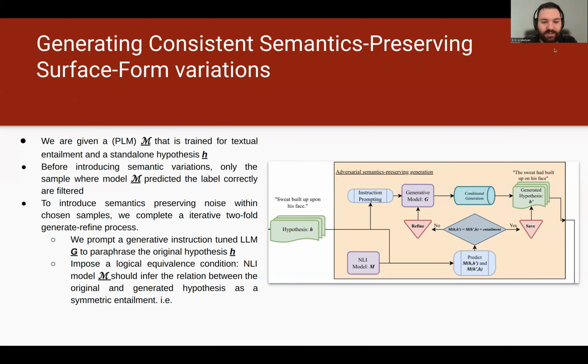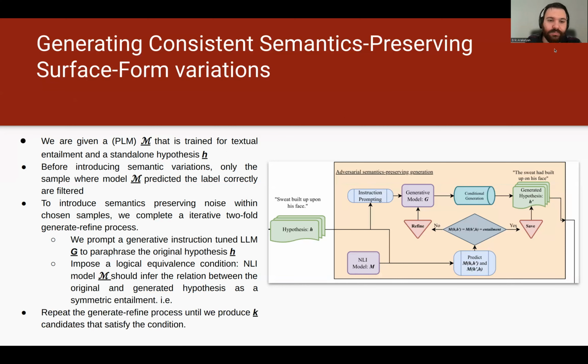That is how we check for it. So we generate until that condition is explicitly satisfied, and then we can say, okay, now we have examples that in the eyes of the model are logically equivalent, because we have predictions from the model. So we generate several examples, k examples for each hypothesis h. So we have this set for testing.